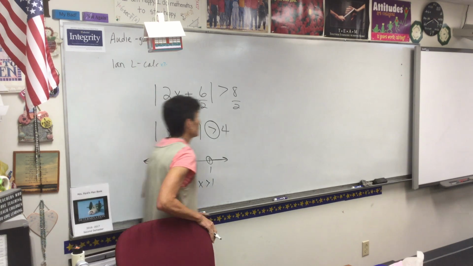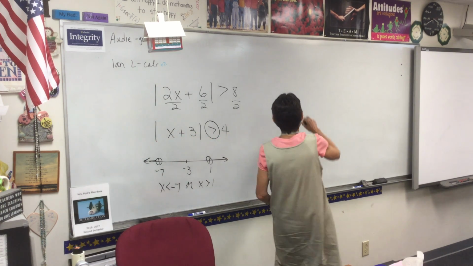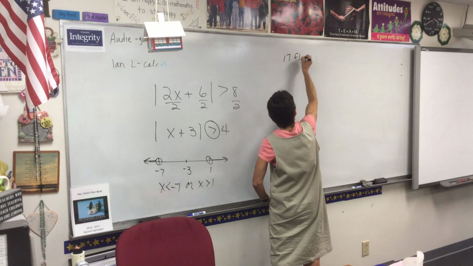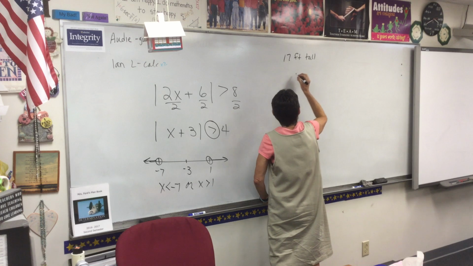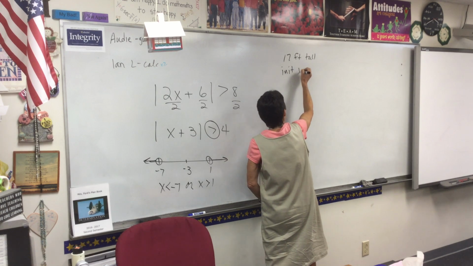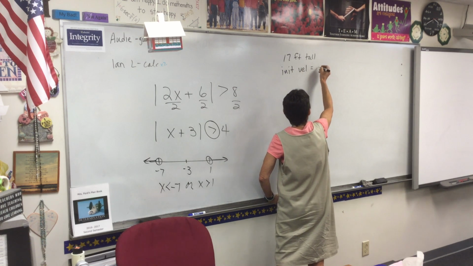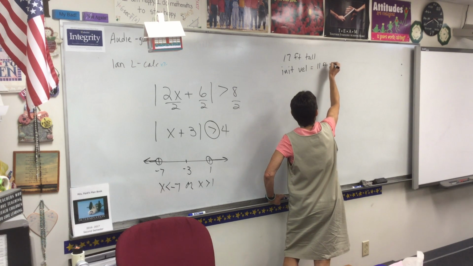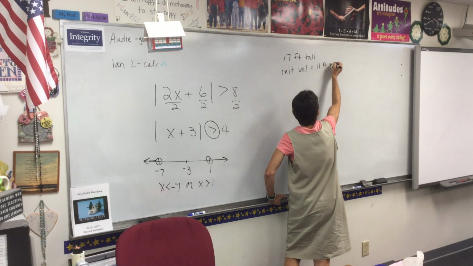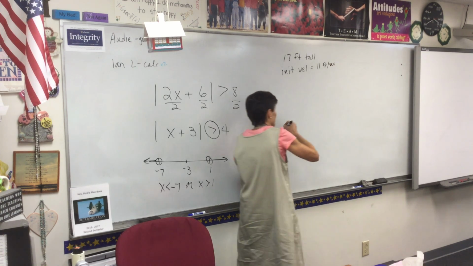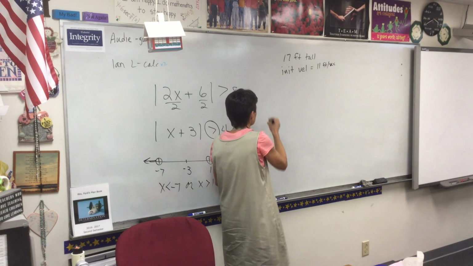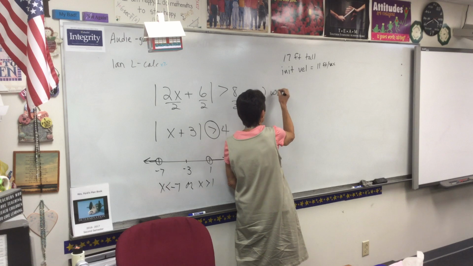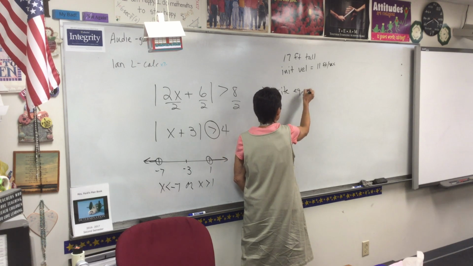Yep. So let's throw a ball off the top of a building 17 feet tall. And let's throw it with an initial velocity of 11 feet per second. And so let's do the same 3 problems we do on our test. So we got to write the equation for this problem.